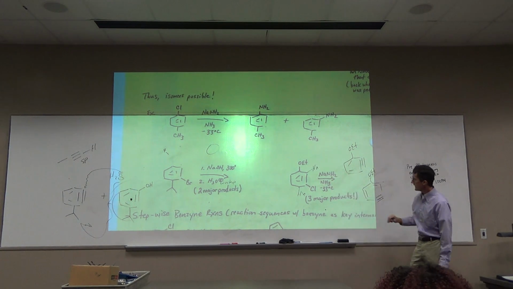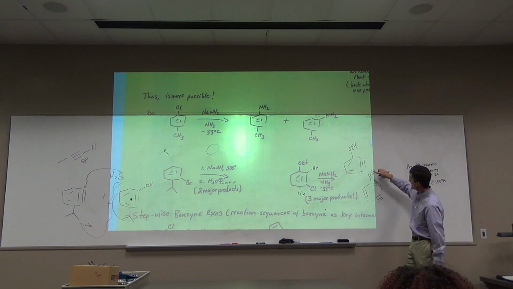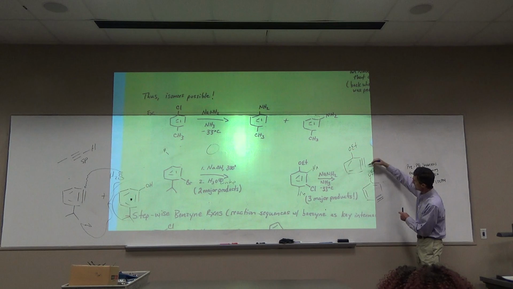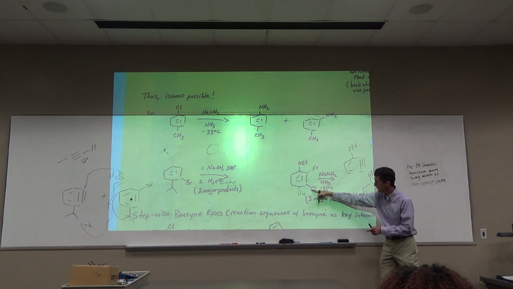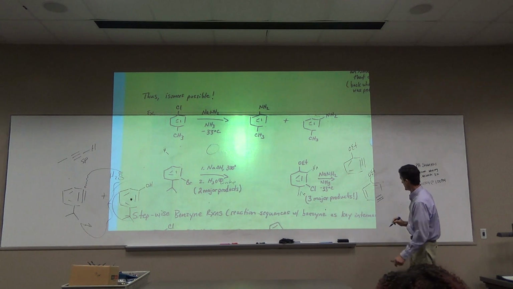Then the ammonia comes in. Here it can come in here or here. Up here it can come in either here or here. In both of them, the ammonia is going to end up where the chlorine used to be. But in this one, you can get ammonia here.